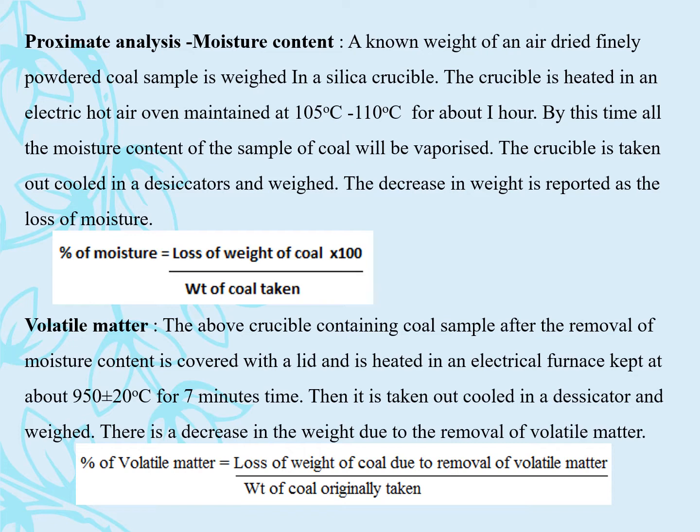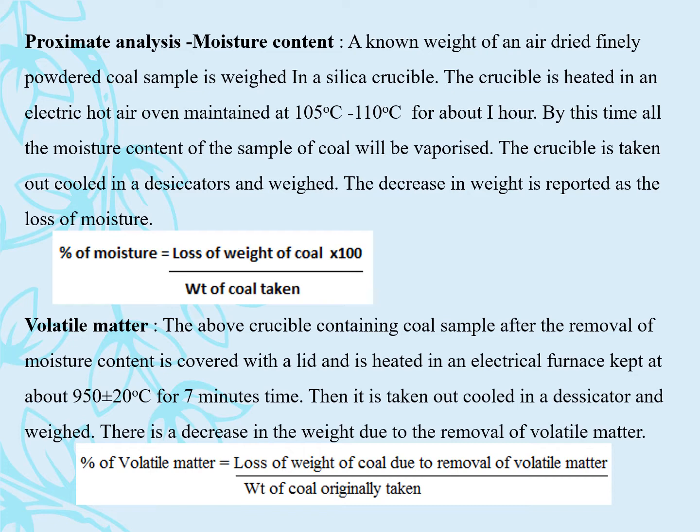By this time, all the moisture content of the sample would have evaporated. Now the crucible is taken out, cooled in a desiccator and weighed. The decrease in the weight is reported as the loss of moisture.